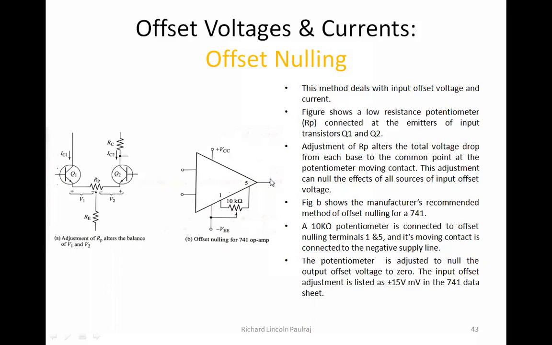Anyone can unmute and respond. Anish Kumar. Sir. Yes. What is offset nulling?